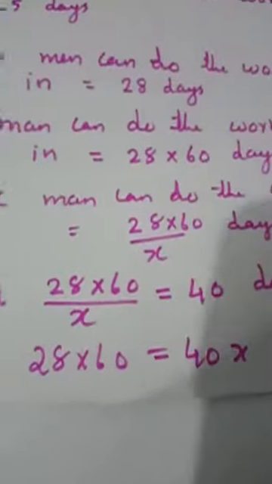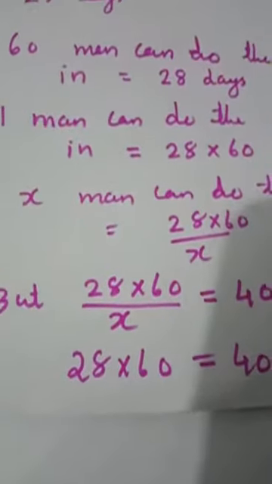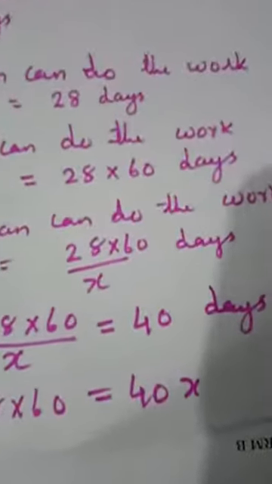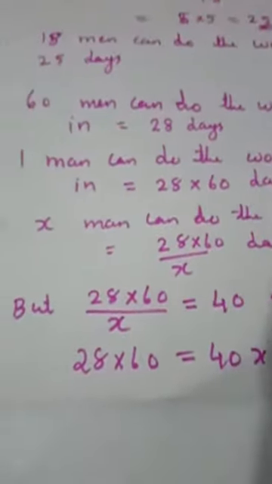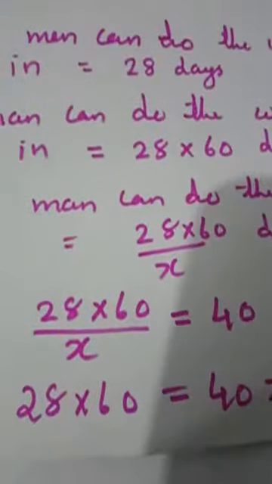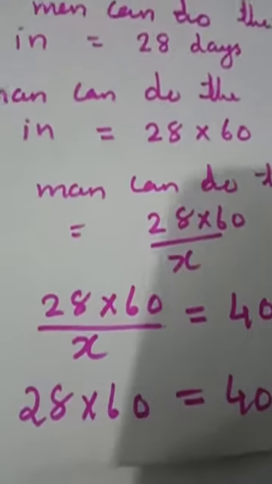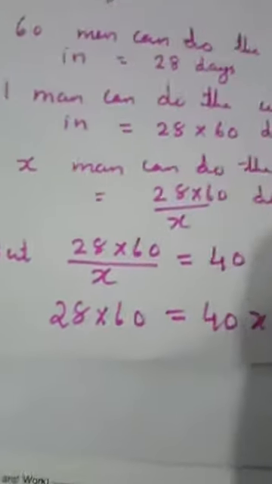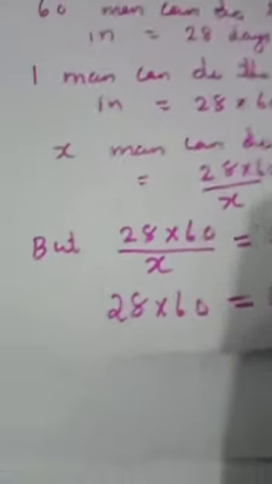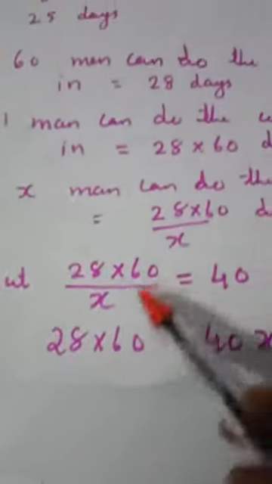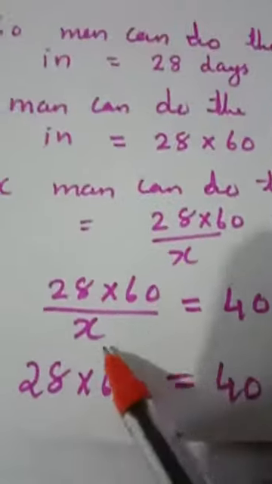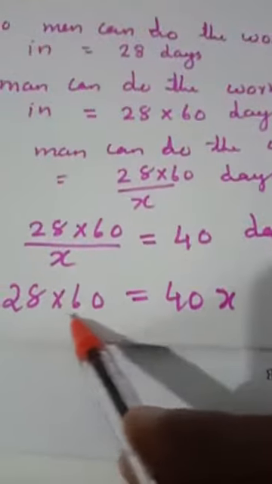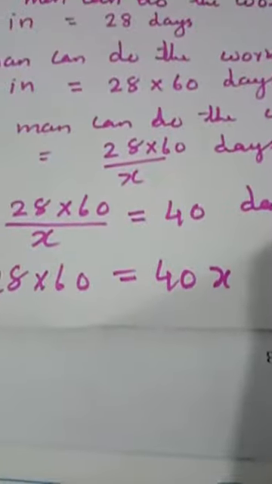To get the number of days, we are writing the step, as in the previous question also. X men can do the work in 28 into 60 by X. That we know: 28 into 60 by X is 40. So cross multiply: 28 into 60 is 40X.